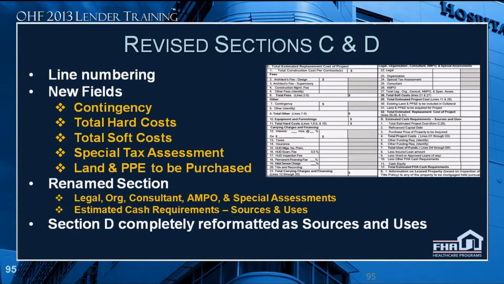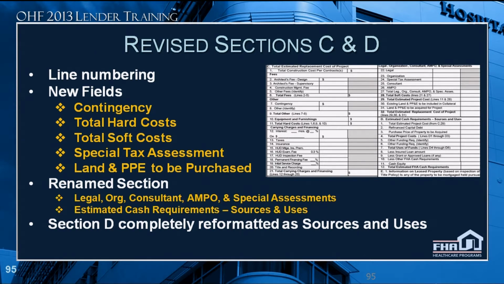Every deal has contingency if you've got construction, and we didn't have a line item there for contingency. We thought maybe contingency should be there. On the other hand, what was there was demolition costs, and hardly any deal that I have has it. A lot of times if there is demolition, it's built into the construction contract itself.